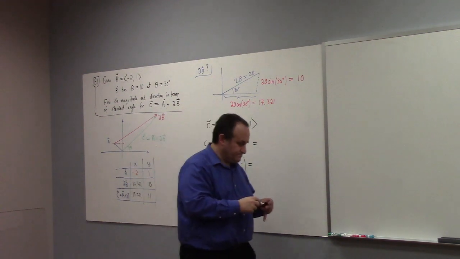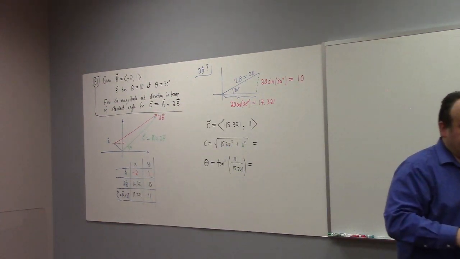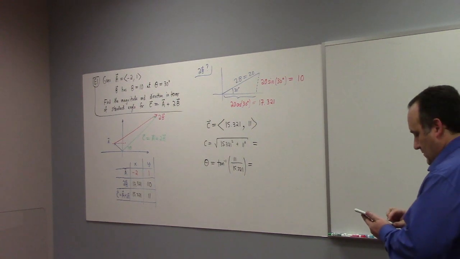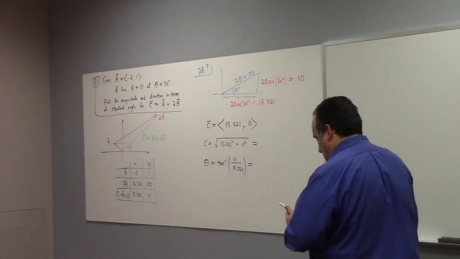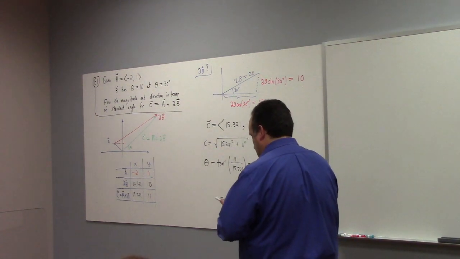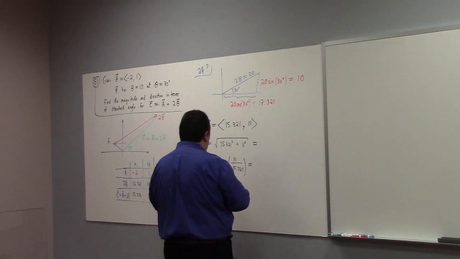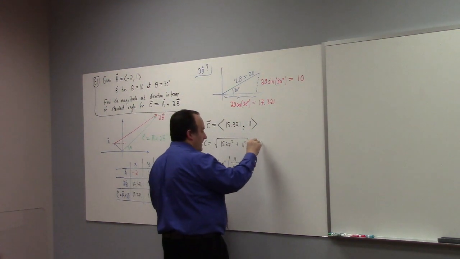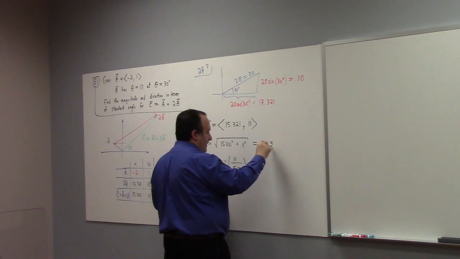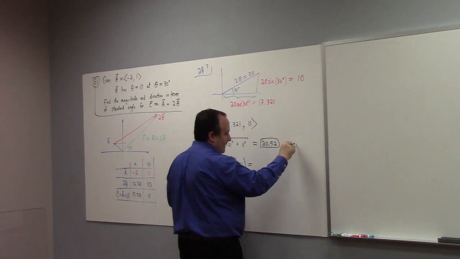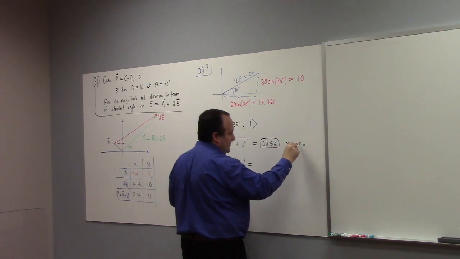All right. So we can figure out what that is. Square. I get 20.52 for the magnitude. So there you go. This is the magnitude.